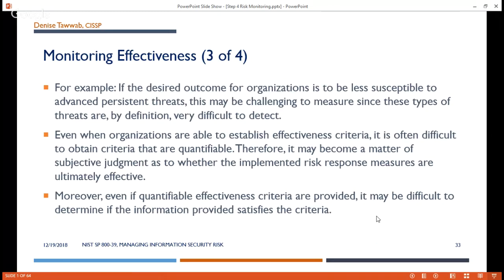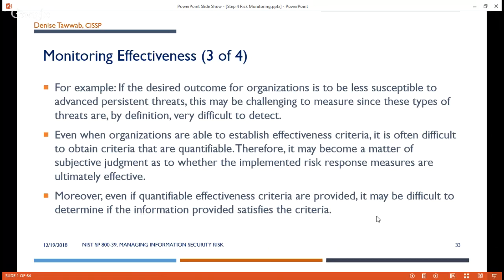Still talking about monitoring effectiveness. Example, if the desired outcome for an organization is to be less susceptible to advanced persistent threats, this may be challenging to measure since these types of threats are by definition very difficult to detect. Even when organizations are able to establish effectiveness criteria, it is often difficult to obtain criteria that are quantifiable.